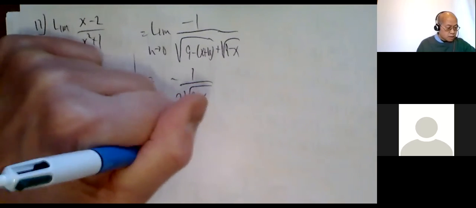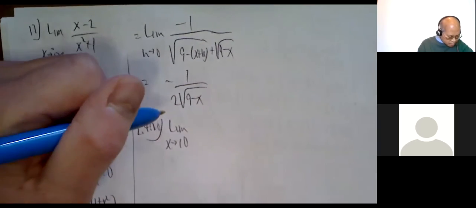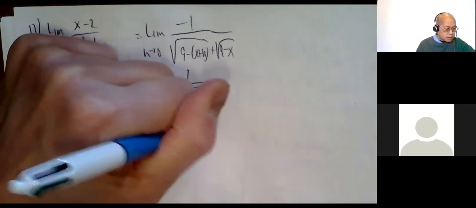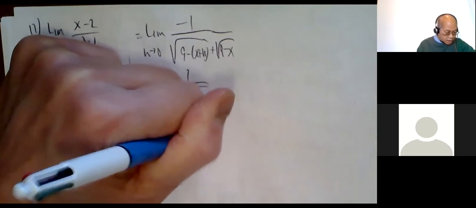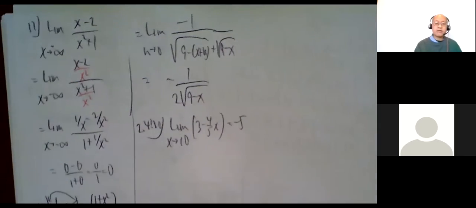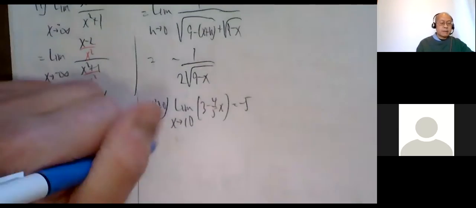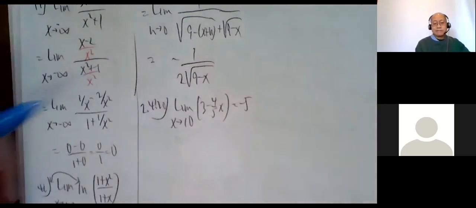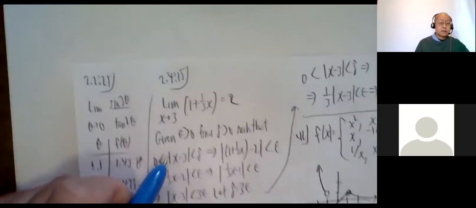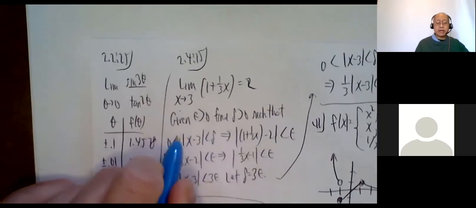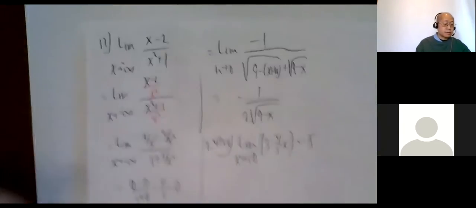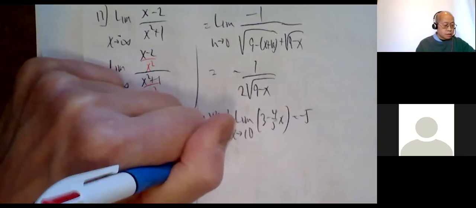Prove the limit as x approaches 10 of 3 minus 4/5 x equals -5. I'm not going to write the language now. Normally you write the language, but to save time, I'm not going to write it here.